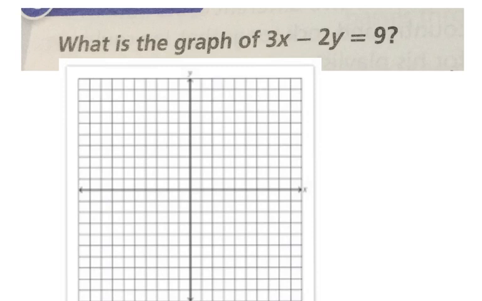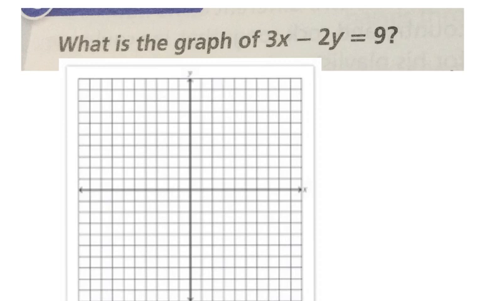What do I need in order to graph a line? I either need a point and the slope, or I need 2 points. If I know 2 points that are on my line, I can connect them and make the line. Because what do we use the slope for, if you think about it?